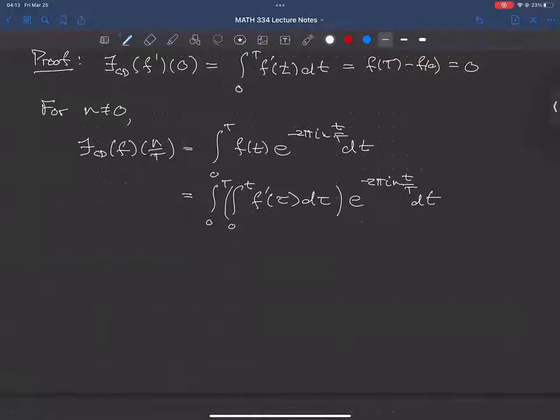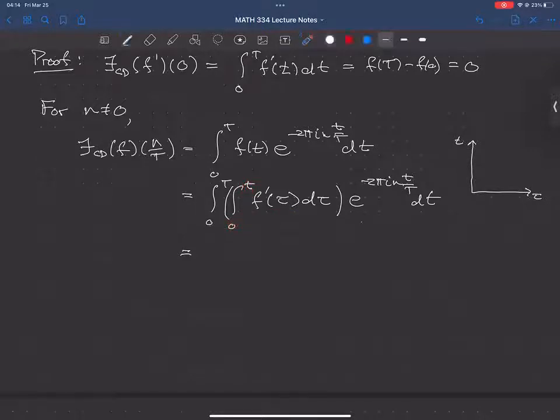Okay, so this is a double integral, and I'm going to calculate it using Fubini's theorem to change the order of integration. The integral here is happening in the tau-t plane, so this is a double integral over tau and t. The way I've written it, I'm first integrating with respect to tau with t fixed, from 0 to t.